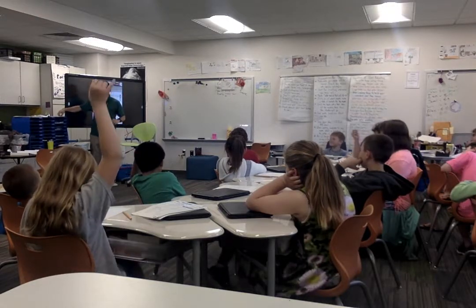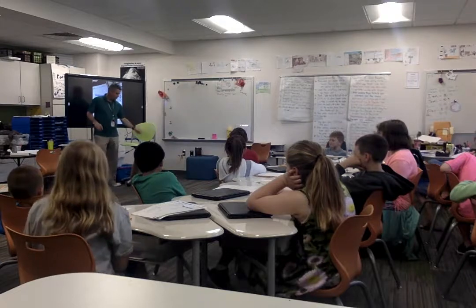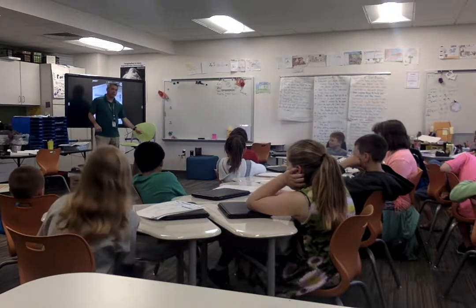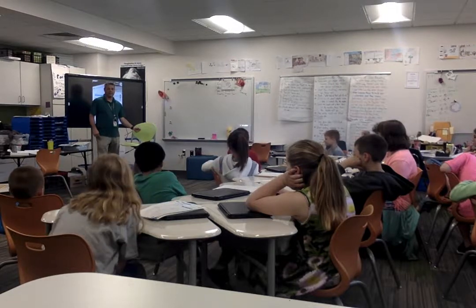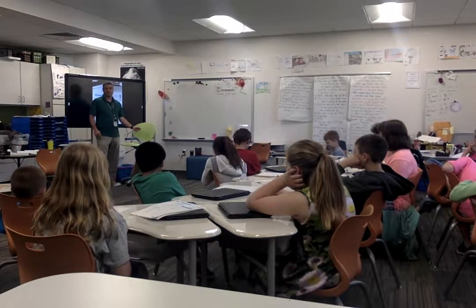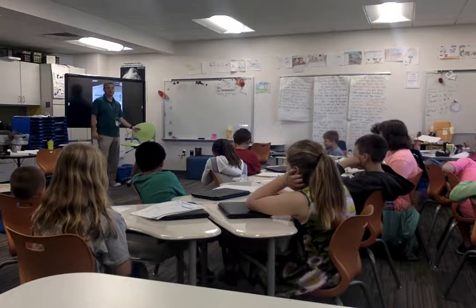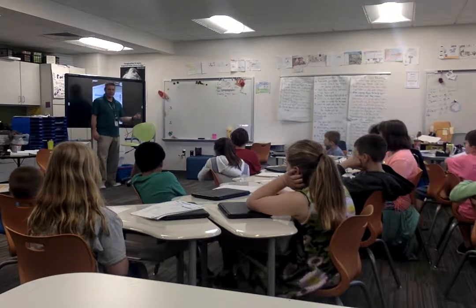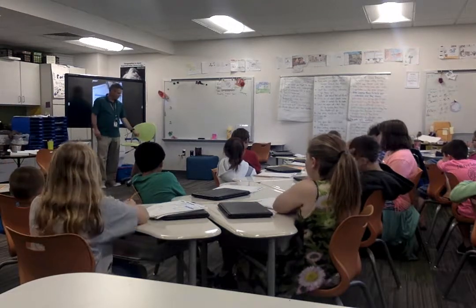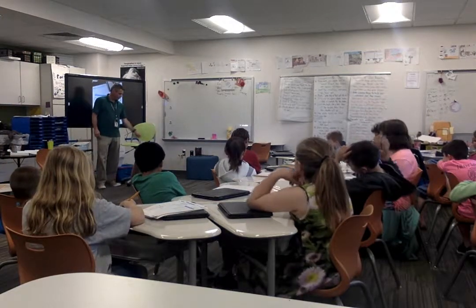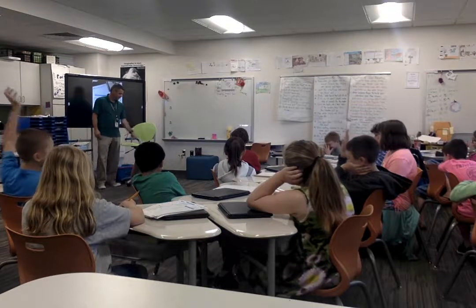Okay, I'm going to add 7 cents. At the end of this, I'm going to count to 7. At the end of this, you're going to tell me how many I have in my jar. 1, 2, 3, 4, 5, 6, 7.